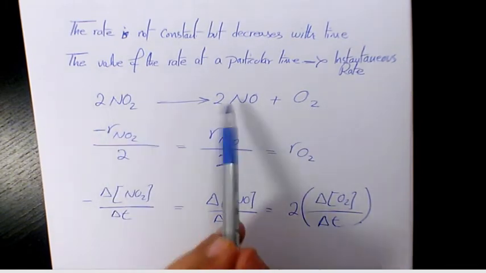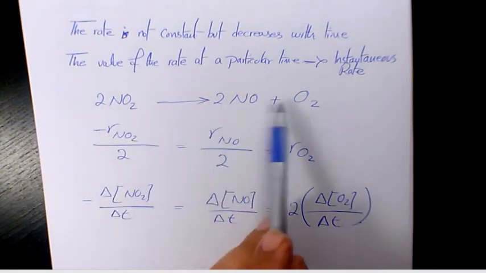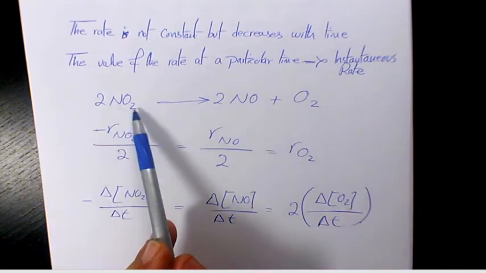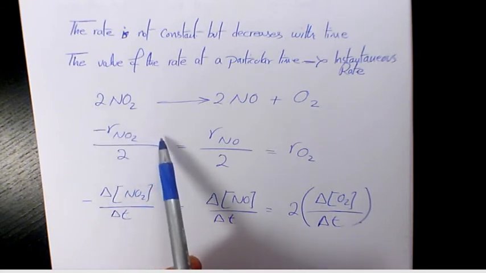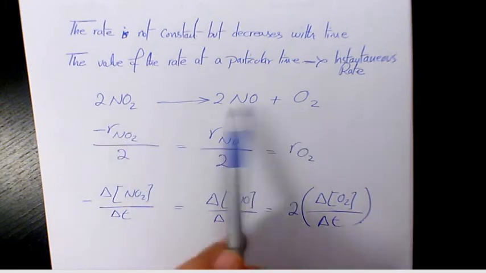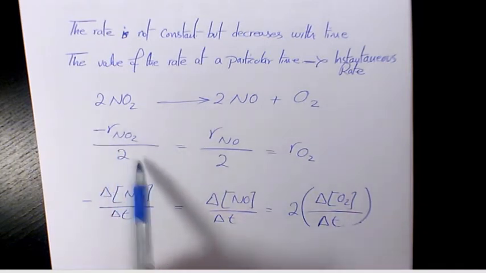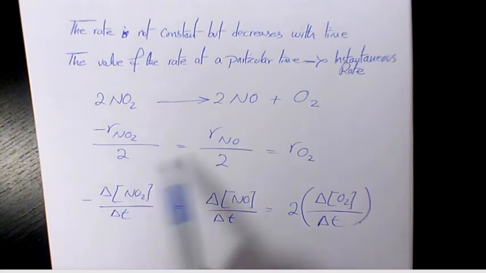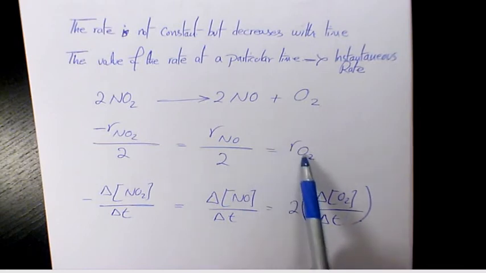The relationship between all these three rates depends on the coefficients in front of these chemicals. And as I said earlier, when we are dealing with the reactant, we need a negative sign before the fraction to make everything positive. So we find the relationship between the rates of reaction of all these three species is going to be like this: negative R of NO2 divided by 2 equals R of NO divided by 2 equals R of O2.